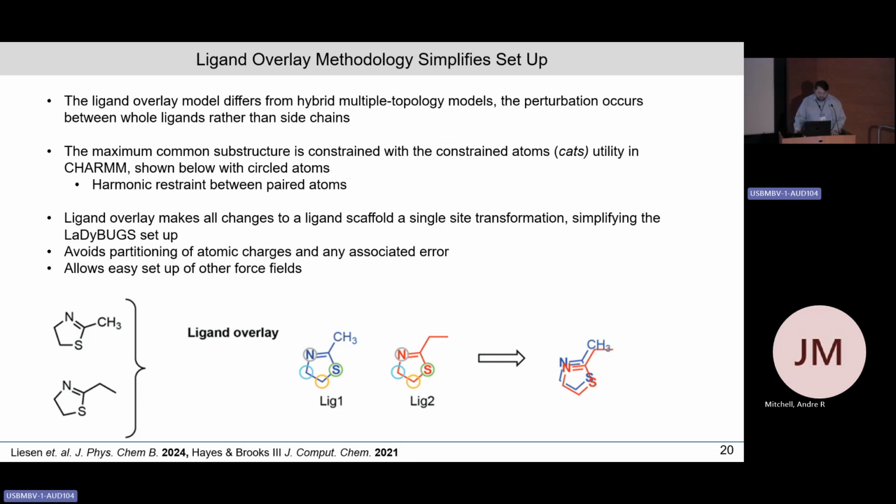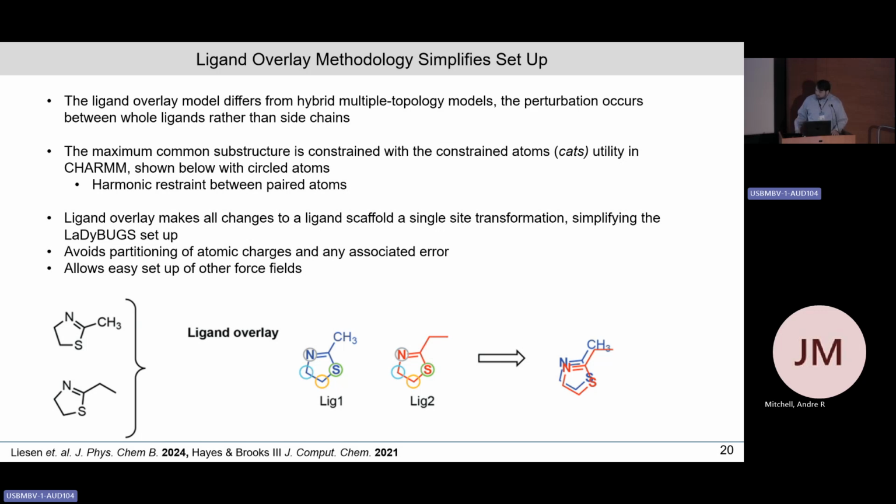It completely avoids all the partitioning of atomic charges and any associated error. And it allows the easy use of other force fields because, instead of having to correct for any changes in charges, and because these are perturbing between whole ligands, you can parameterize them in whatever you want. And so this setup method will be force field agnostic.